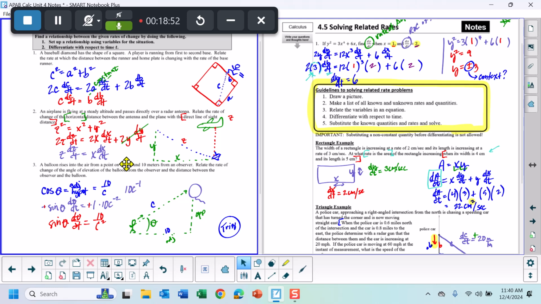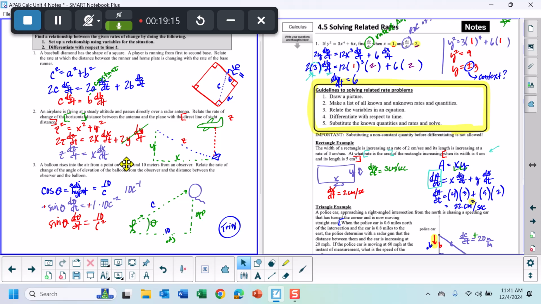But when we're talking about police cars and bad guys, if the bad guy's distance is increasing away from the police car, his rate's going to be positive. If the police car, or one where the two airplanes were flying towards each other at the same elevation, both of their rates are going to be negative because the space between them is shrinking.